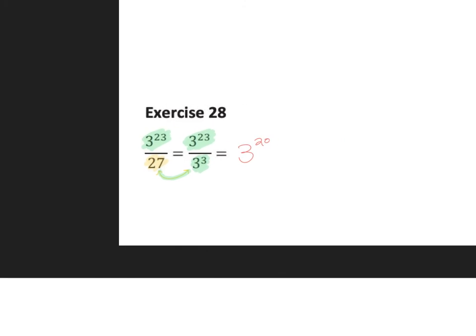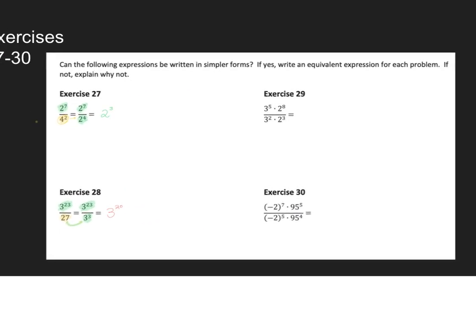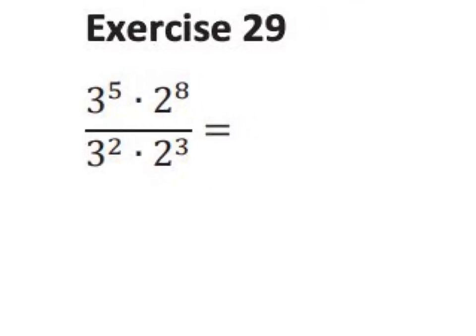All right. 29 and 30, these are combining multiplication with division. So we're just going to break this up. The first part that we're going to do is we're going to simplify these. So 3 to the 5th divided by 3 to the second. This is the same as 3 to the third.